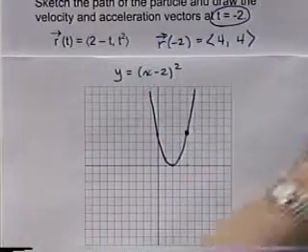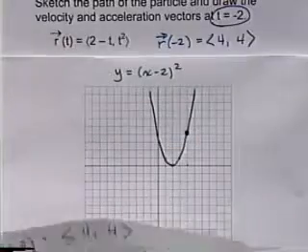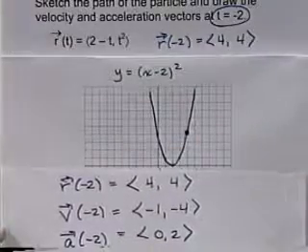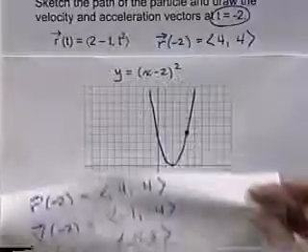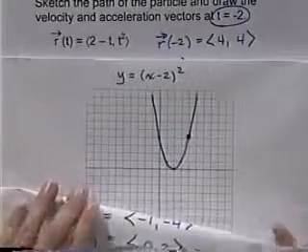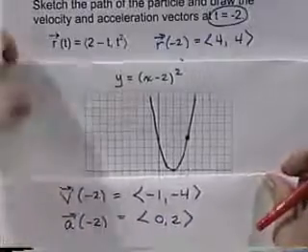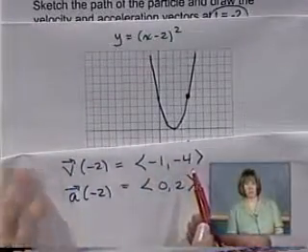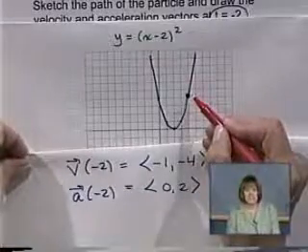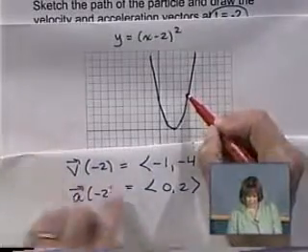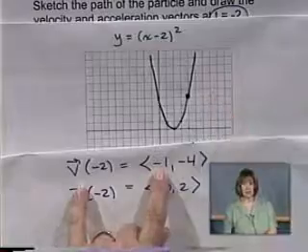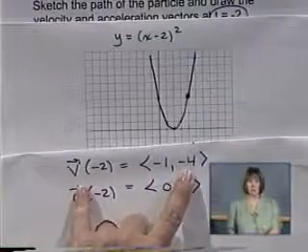Now, we figured out a few minutes ago, let me fold this back so you can see it, the velocity at t equals negative 2. The velocity we figured out was the vector negative 1, negative 4. So my particle is right here at t equals negative 2, but the velocity vector has an x component of negative 1 and a y component of negative 4.